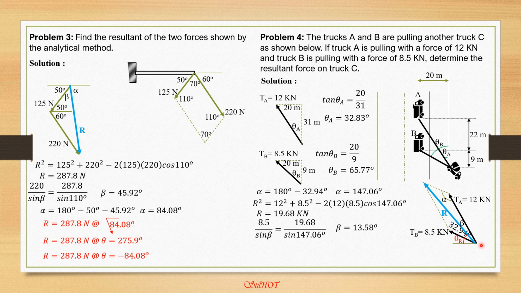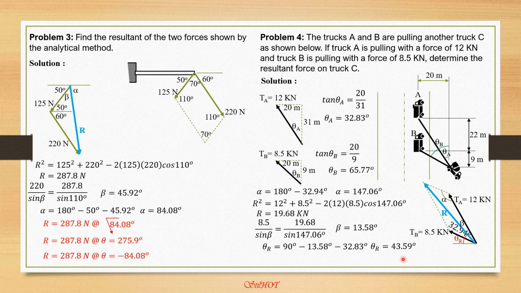The angle that the resultant makes with this horizontal here is indicated as theta R. Therefore, theta R is equal to 90 degrees minus beta, 13.58, minus theta A from the vertical, that's 32.83. So theta R is 43.59 degrees to 4 significant figures.